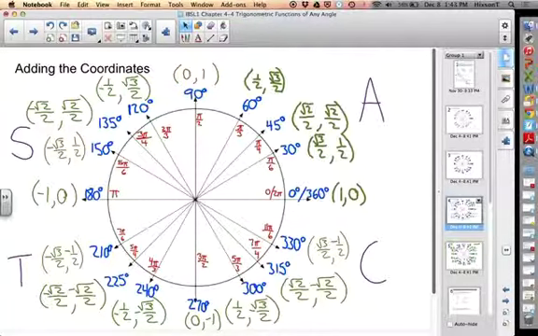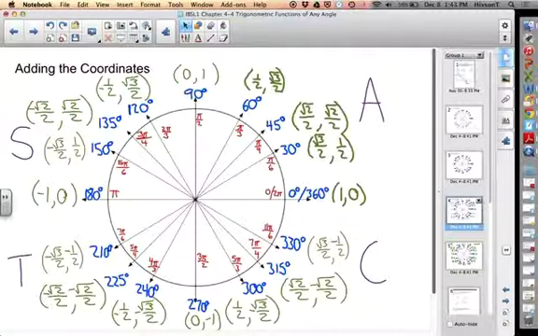Tomorrow, that's Friday, I'm going to ask you, hey, what is the sine of 5 pi over 4? Tomorrow on the quiz. Negative root 2 over 2. Yeah, negative root 2 over 2. What's the tangent of 3 pi over 4?